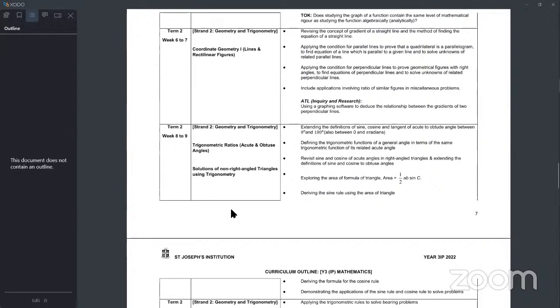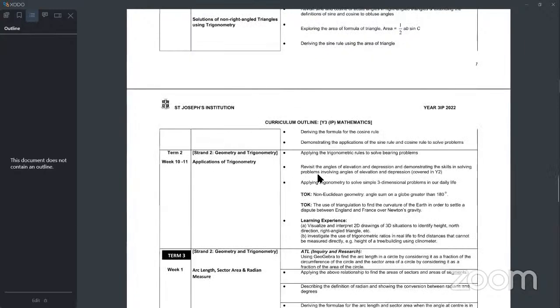So Ainesh, for your term 2, the ones that they haven't covered are the sine rule and cosine rule. I'm pretty sure they haven't covered them, and I think you missed it also from our side. This is still the sine rule, cosine rule.